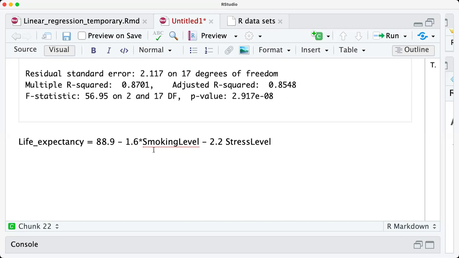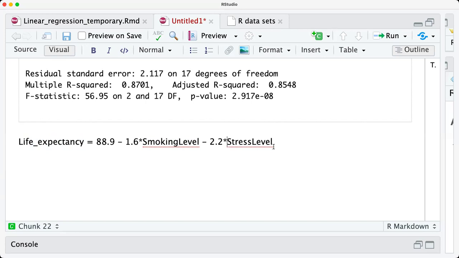In this case, there is still an effect from the smoking level on the life expectancy, even if we added this confounding variable, stress level.